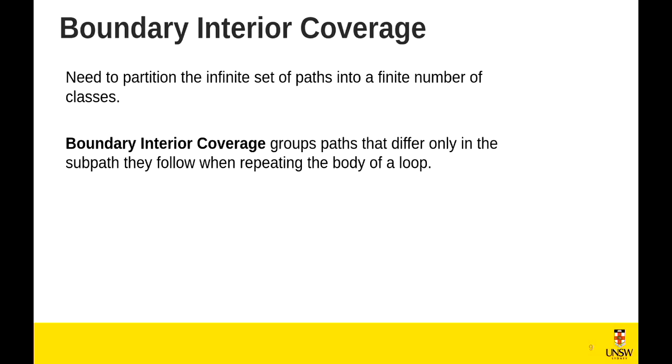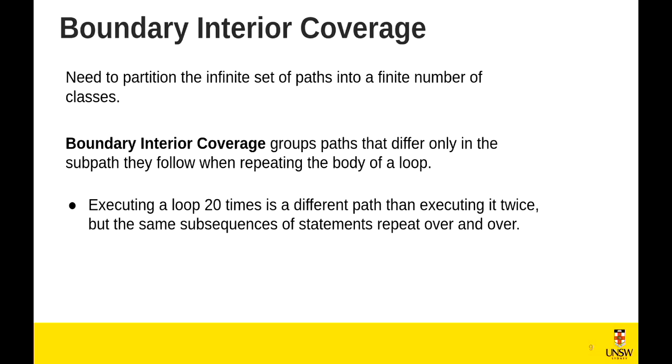This may sound quite abstract, but the rationale is like this. If we execute a loop multiple times with the same path, it's essentially the same as repeating the loop just once, executing the same path.